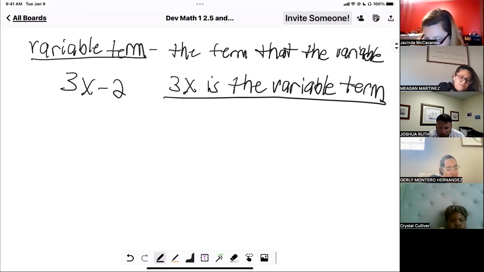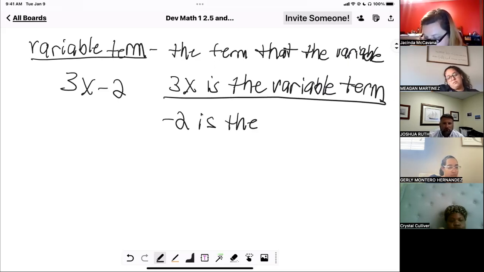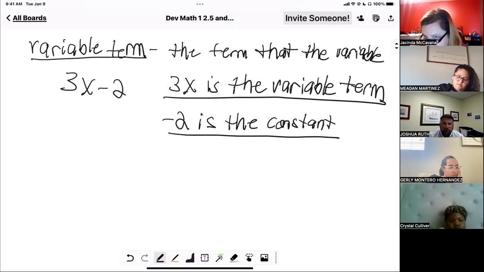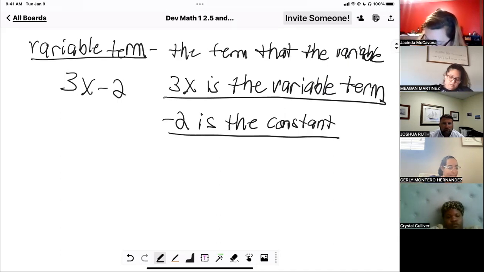And in this case, -2 is a constant. Just to sort of put them together. And we have one more, maybe one more.